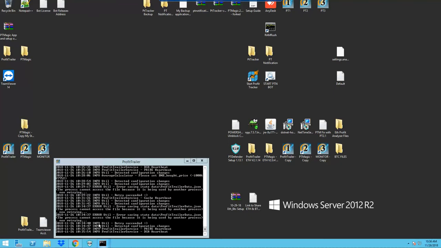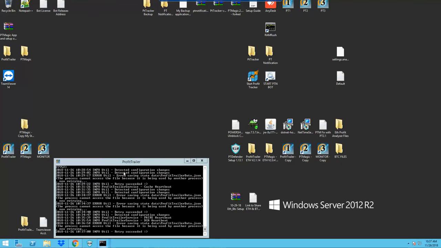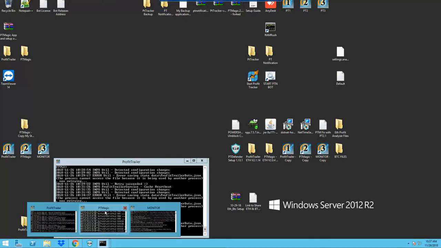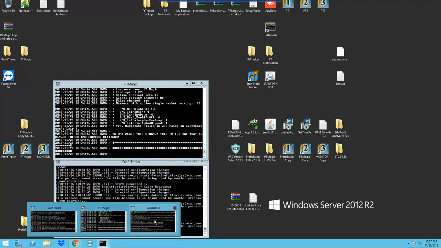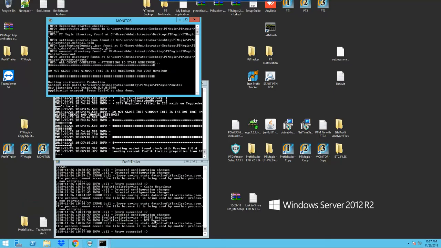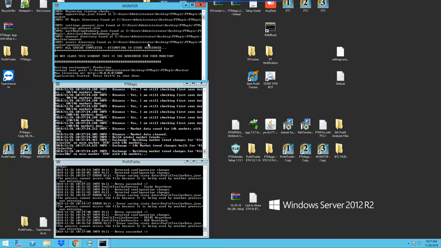Now, this is the ProfitTrailer in the command prompt lines and how it looks. And we're going to also be viewing the ProfitTrailer Magic application, which looks like this right here. And then, in order to see ProfitTrailer Magic's monitor, we have to run this one right here.